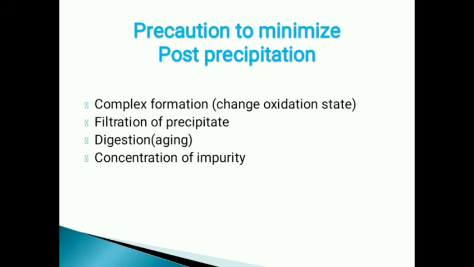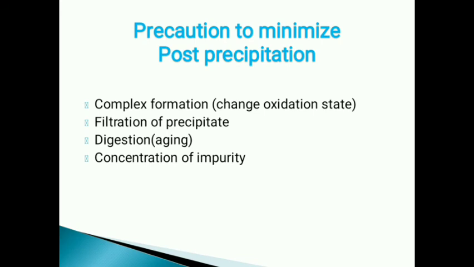So, how can post-precipitation be minimized? The most important, first one, is complex formation. Means the impurity present should be converted into such a form that it cannot take part in the precipitation. This process is generally called complex formation, or by changing the oxidation state of our metal ion. Next, filtration of the precipitate should be done rapidly so that there is no chance for post-precipitation.